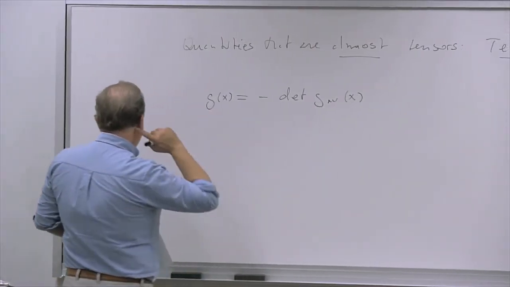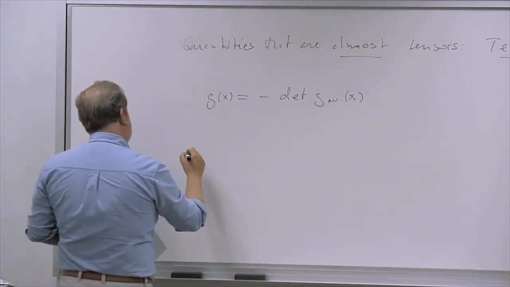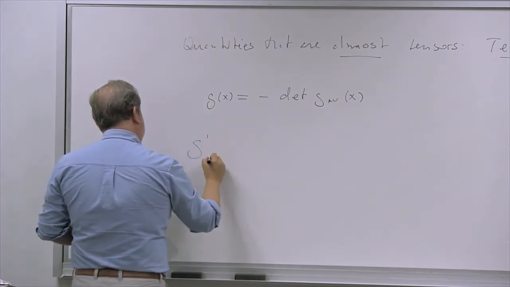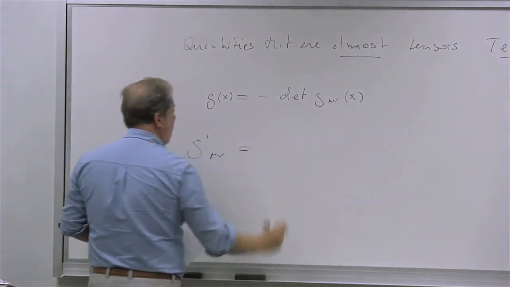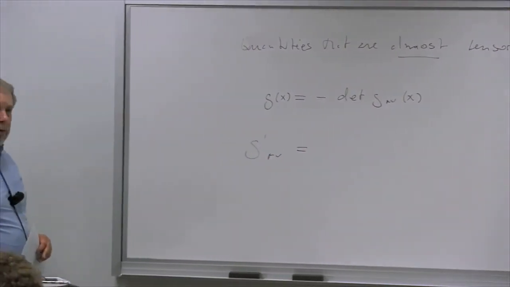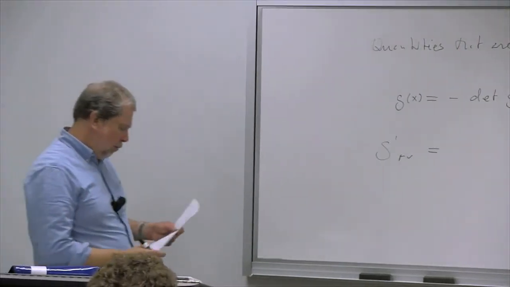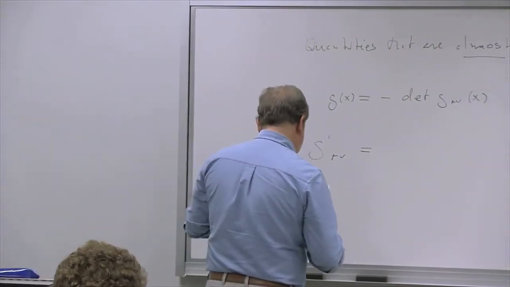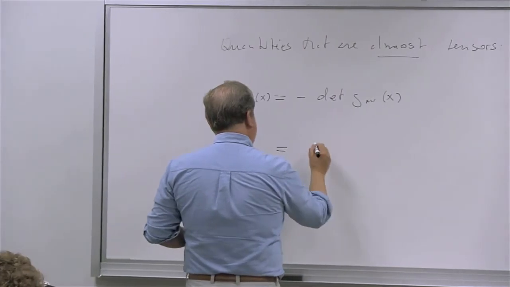And so in order to see what's going on, let's write down g prime mu nu. Now, g prime mu nu, remember, this is a covariant tensor, so there are two factors of dx by dx prime. And we're going to write that in matrix form.